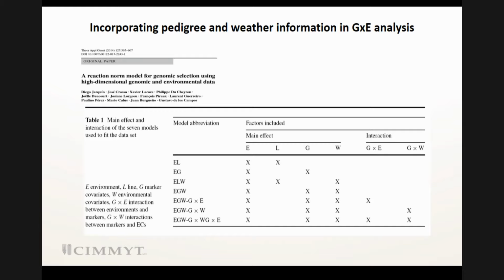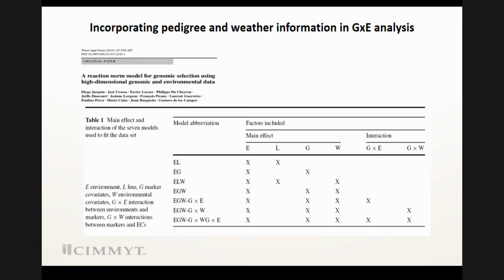So we have ways of incorporating additional information. How do you incorporate pedigree information? How do you incorporate weather information? So this is an example. In this case, we have different models, about 7 models. So we have a model which is looking at environment and line, a model with environment and molecular markers, a model with environment, line, weather covariables, and so on and so forth.